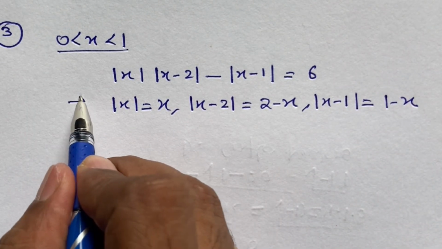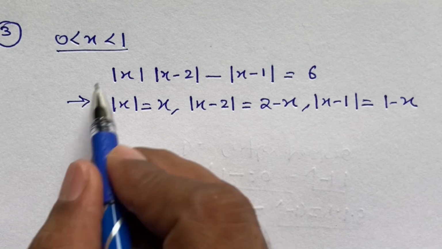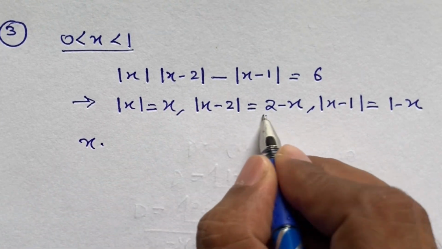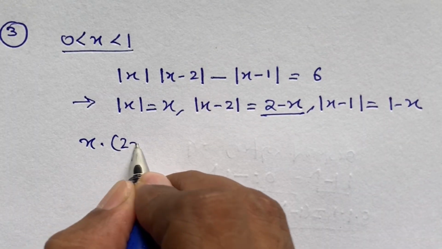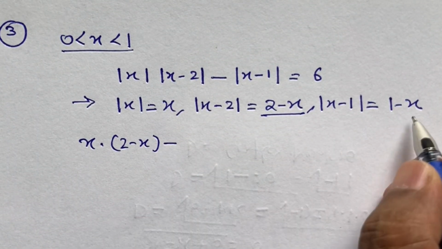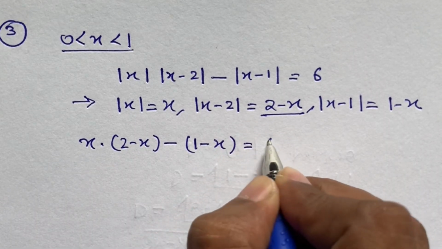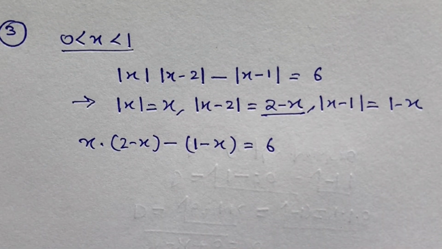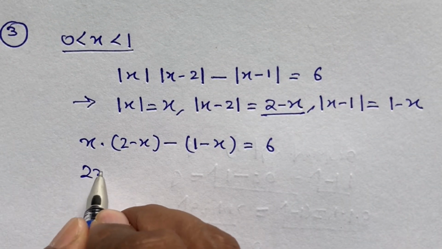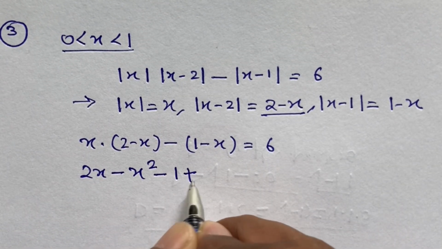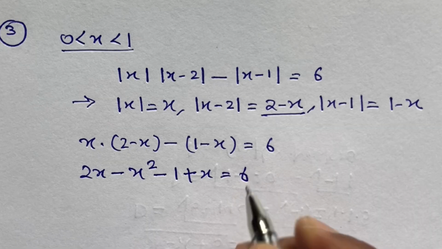So our main equation is again going to change. It will be x times (2 minus x) minus (1 minus x) equals 6. So 2x minus x square minus 1 plus x equals 6.